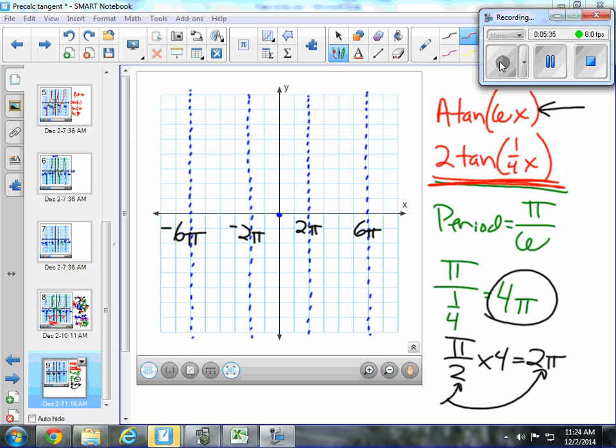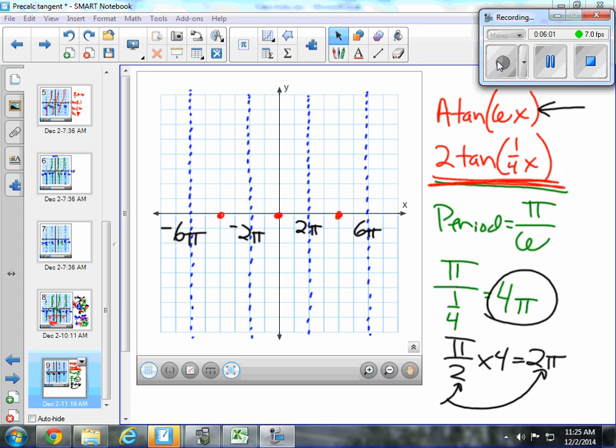I'm going to follow the same procedure that I followed when I was doing my graph of tangent. Right in between the asymptotes, I have a 0. And what do you know? My 0 point is right between the 2 asymptotes. Not a big surprise. Here's another 0. So now I've identified my zeros, and I've identified my asymptotes.